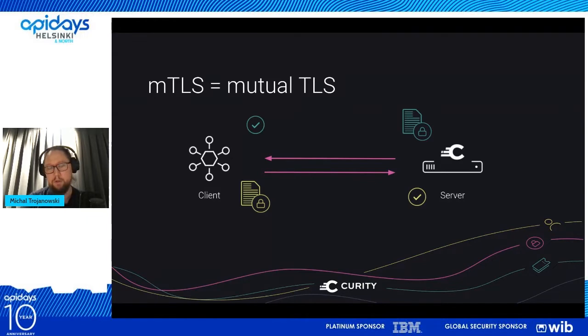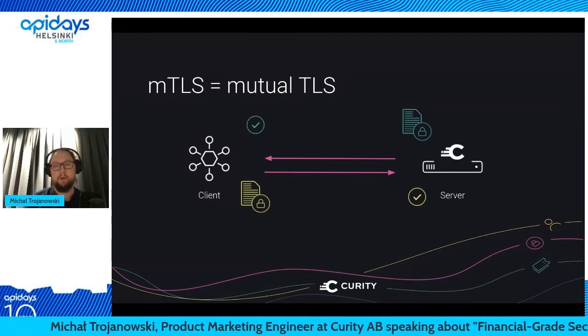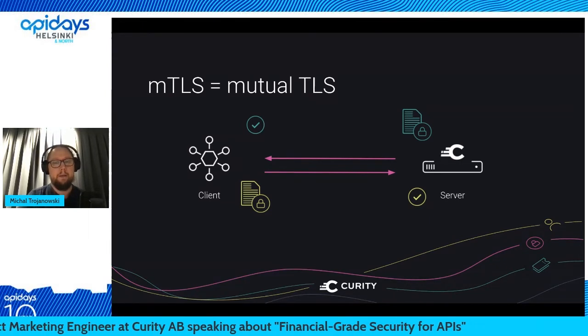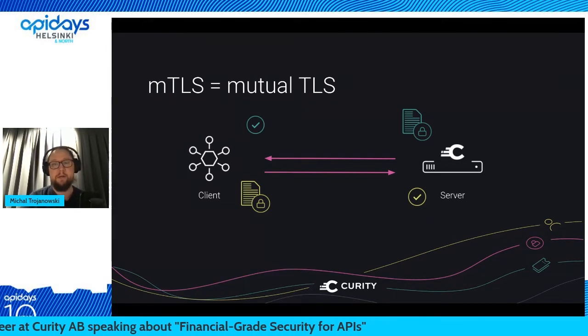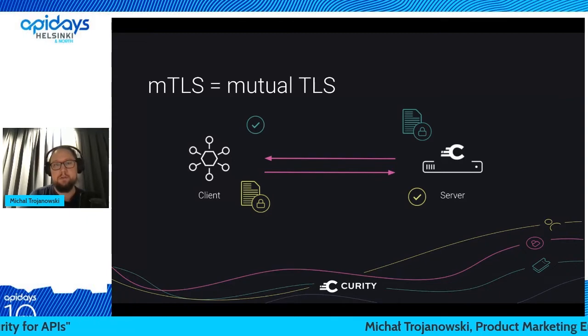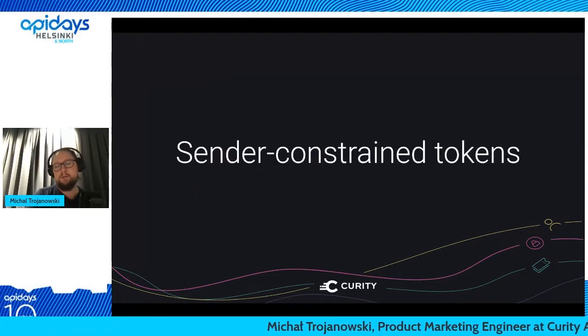It knows who the client is through that MTLS connection without any other authentication mechanisms. This feature per se can be used in many different scenarios, and in fact, it's used in different scenarios. One of those scenarios is sender-constrained access tokens.